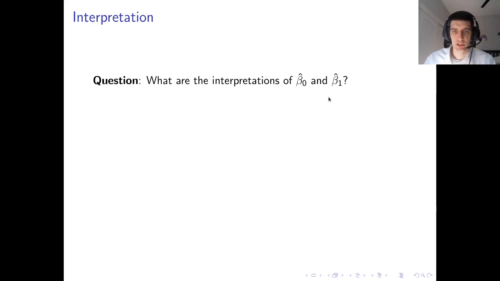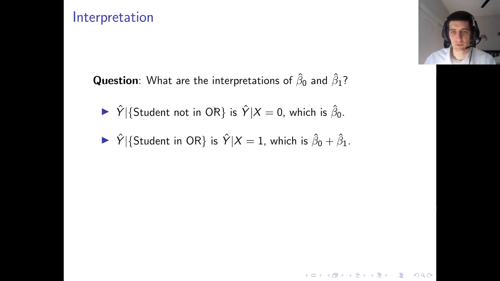So what are the interpretations of beta 0 and beta 1? This is what I just described on the previous slide, but with a little more detail. This is y given that the student is not in OR. Our estimate of this is beta hat 0.